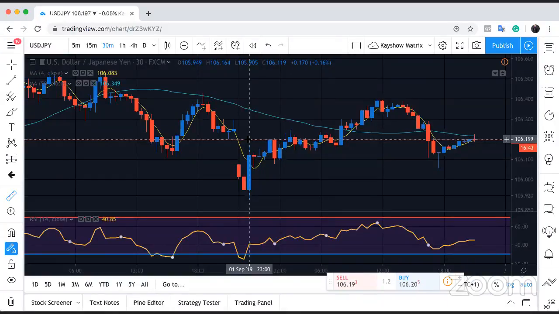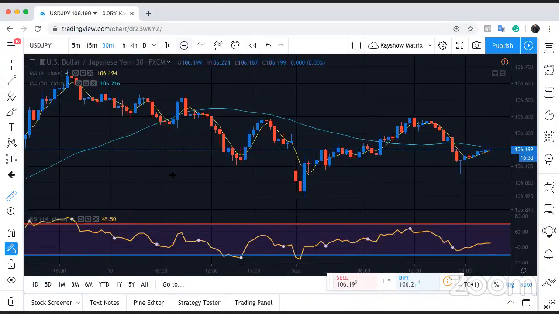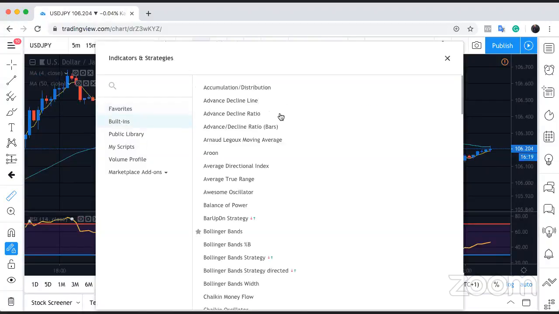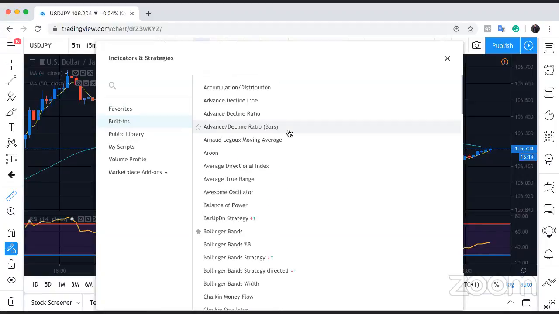So how is it being used, guys? You can see I already have two of it added to my chart. If you want to add the indicator, in TradingView, all you need to do is come up right here and you can see indicators and strategies. You click on that and it's going to bring up this panel. You see plenty of indicators that you can add.